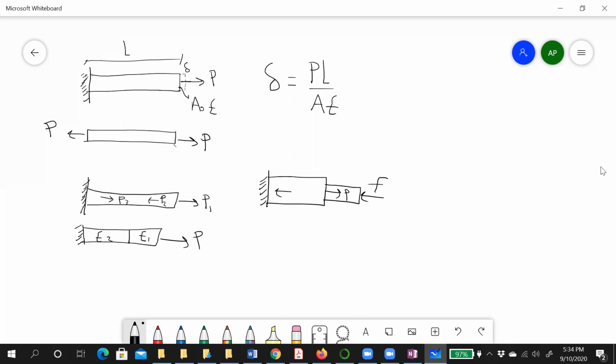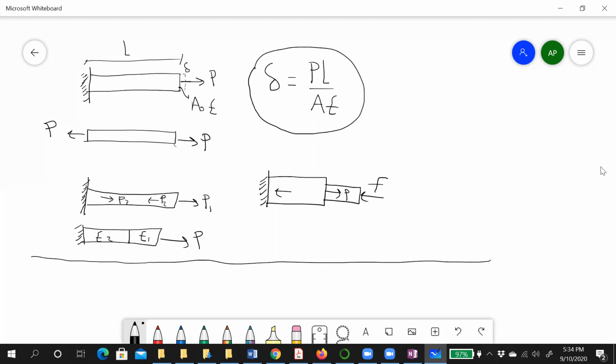Today we want to talk about this. We already know this formula, and we can use it only for one specific segment, with just one force and one length, constant cross section and the same material.